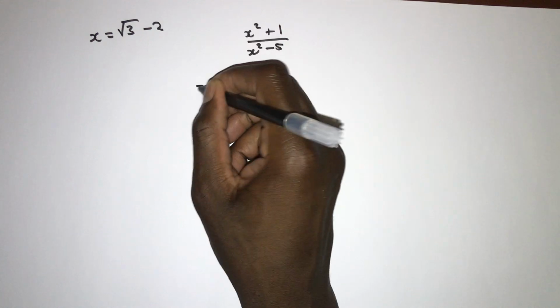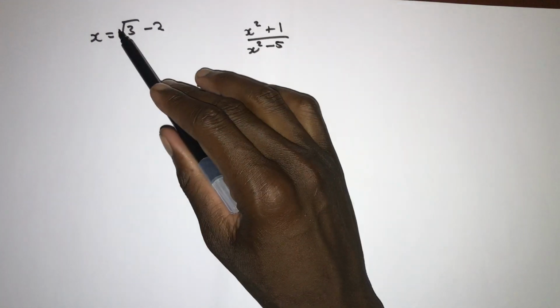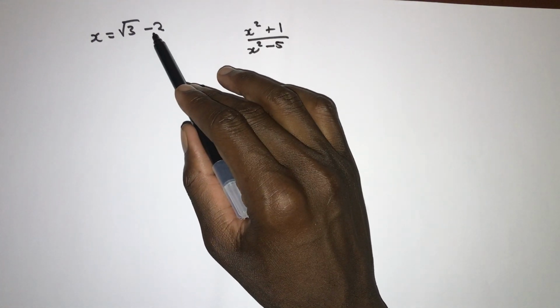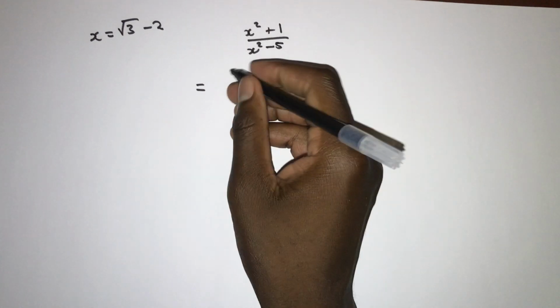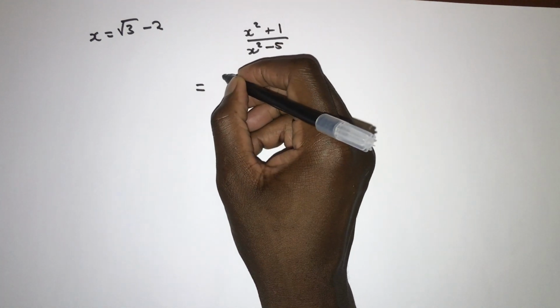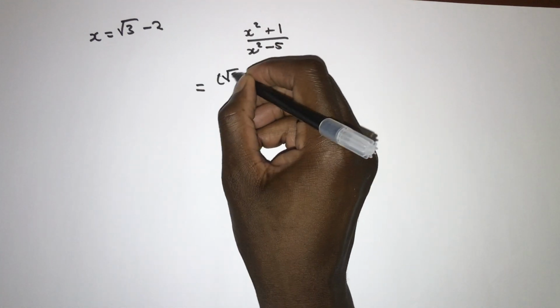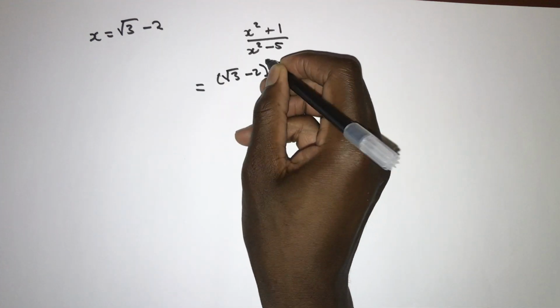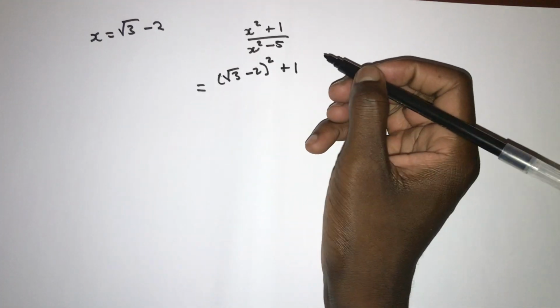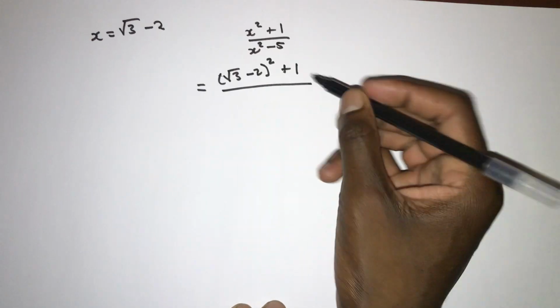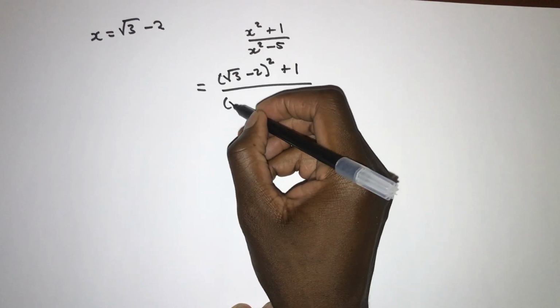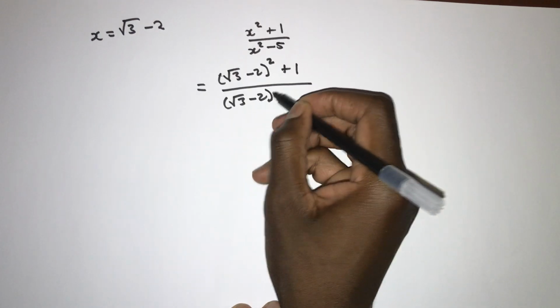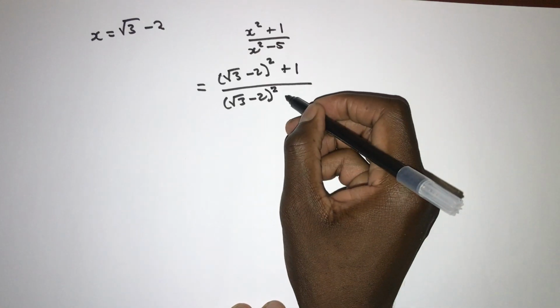So what are we going to do? Where there is x, there is root 3 minus 2. So here I see x, which means I'm going to have root 3 minus 2 squared plus 1 over root 3 minus 2 squared minus 5.